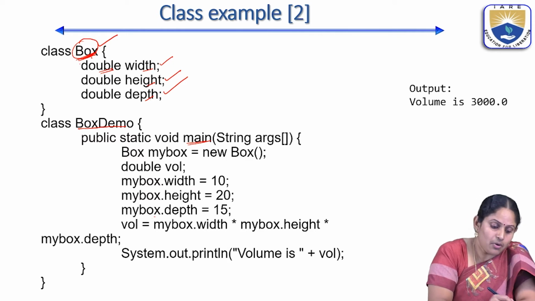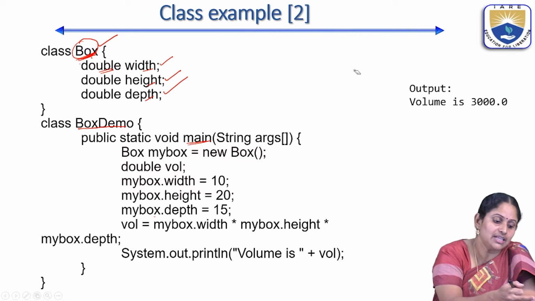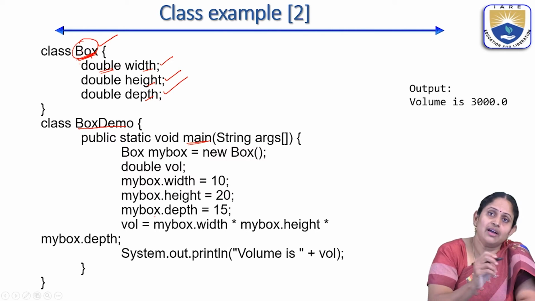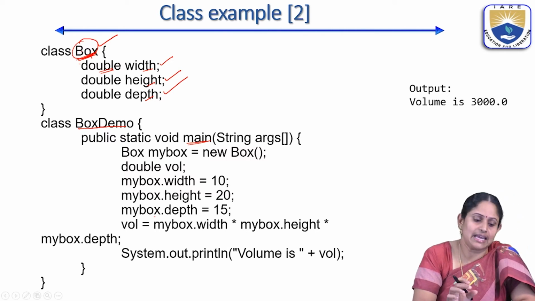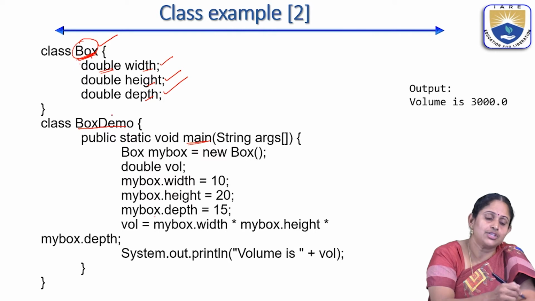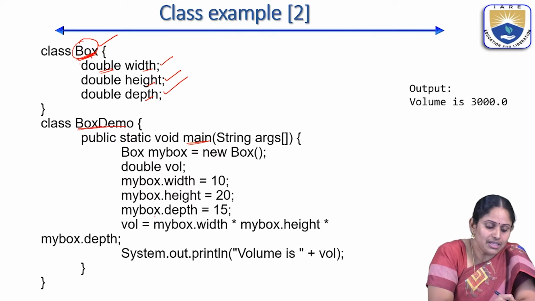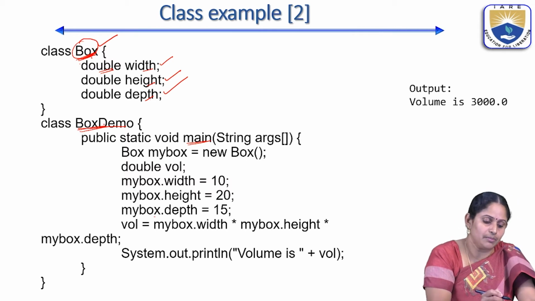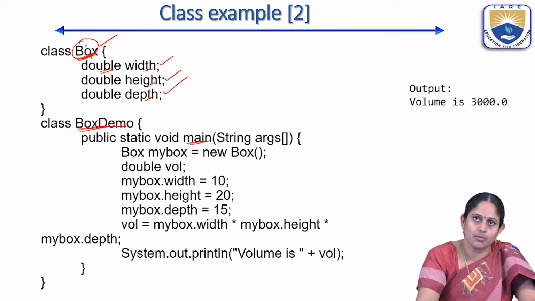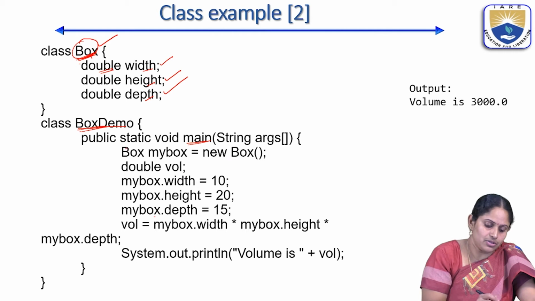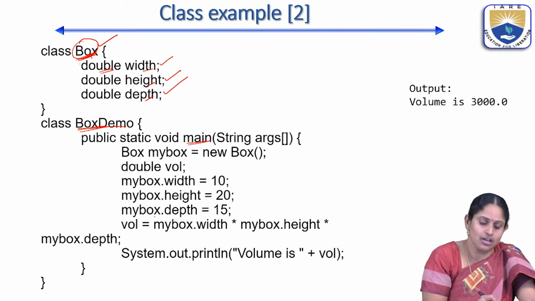Since this main method is present outside, it is not within the class Box. So we always have to create an object when we are trying to access any members of the class. From the BoxDemo class, we are trying to make use of the Box object. So since we are making use of this Box object, we have to create an object.